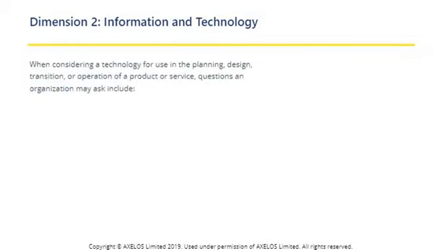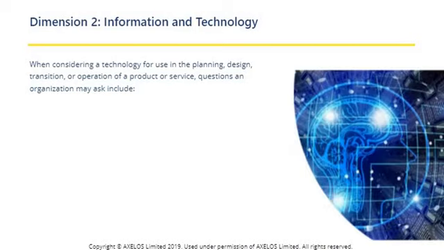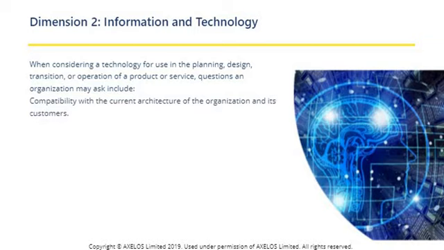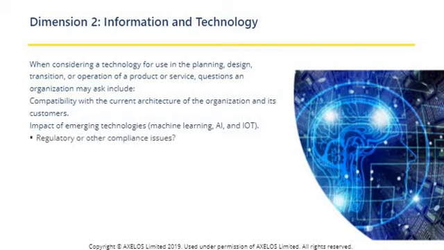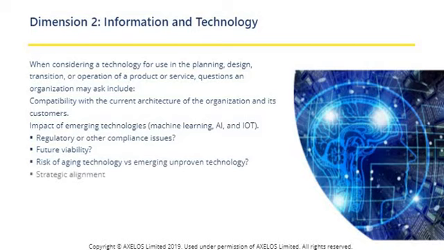When considering a technology for use in the planning, design, transition, or operation of a product or service, questions an organization may ask include: compatibility with the current architecture of the organization and its customers, impact of emerging technologies, machine learning, AI and IoT, regulatory or other compliance issues, future viability, risk of aging technology versus emerging unproven technology, strategic alignment, adequate training to use the technology, and automation capabilities.